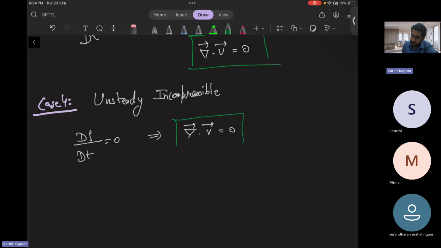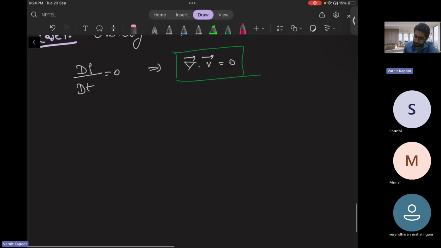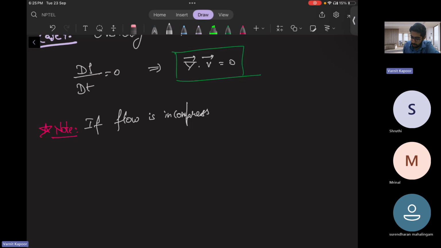Either it is steady or unsteady, if the flow is incompressible, my divergence of velocity is always going to be 0. Note, it doesn't matter whether the flow is steady or unsteady.